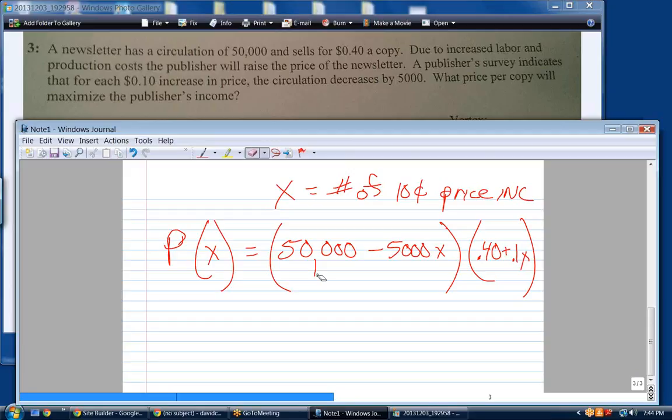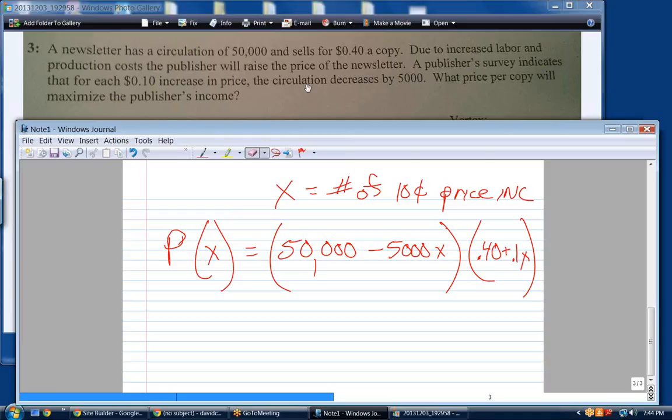These are pretty common questions, too, that apply from anywhere from selling newspapers to running a subway system and having riders that you charge a fee. So these all tend to come in this flavor, where for every 10-cent price increase, you lose so many subscribers. So this is going to be a common type problem.